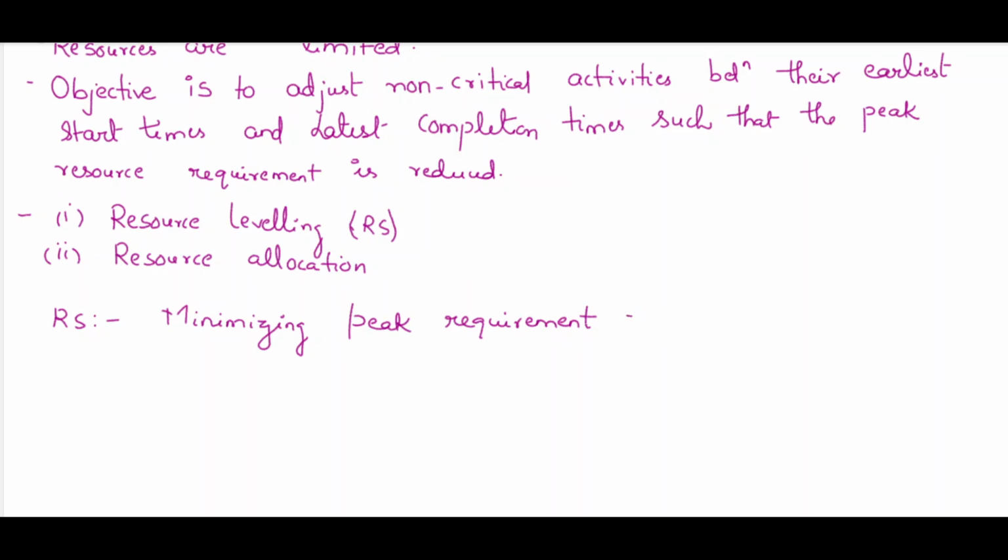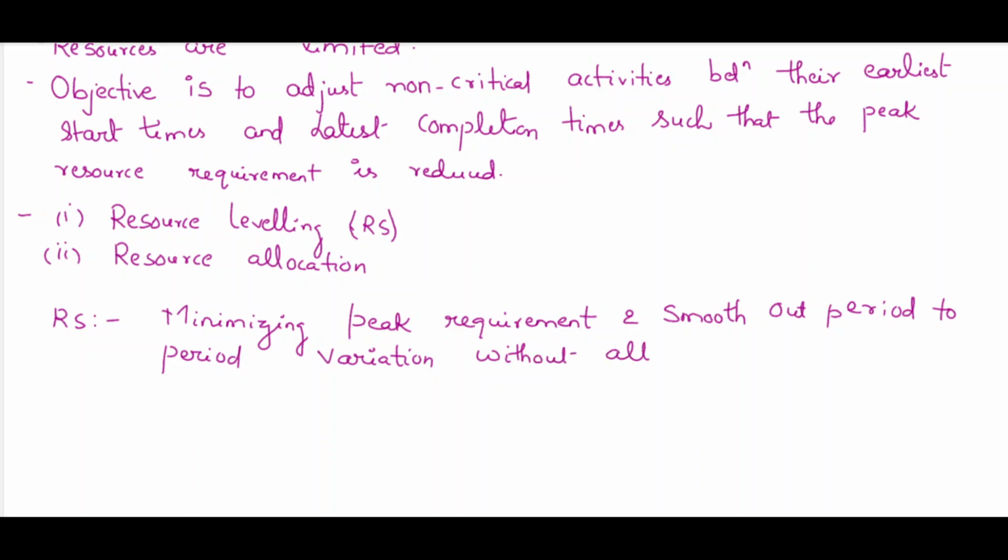Minimizing peak requirement and smoothing out, smoothing out means making equal, period to period variation without altering the normal project completion time.